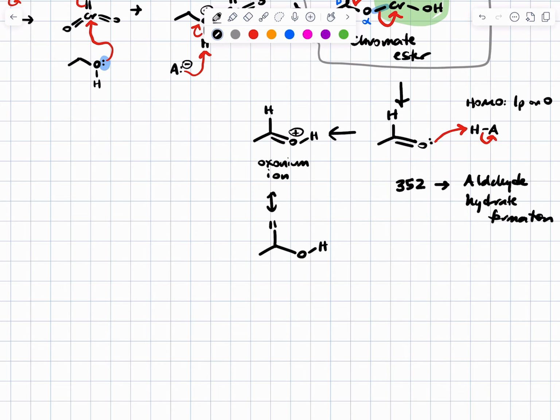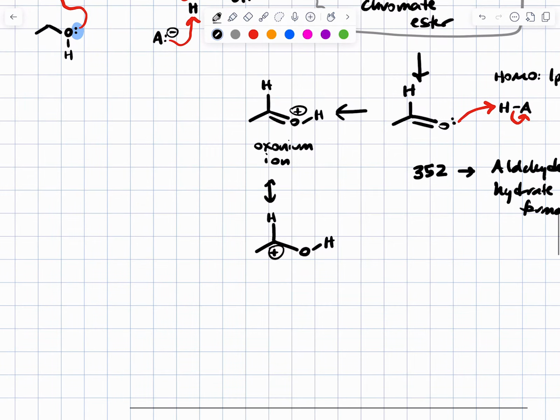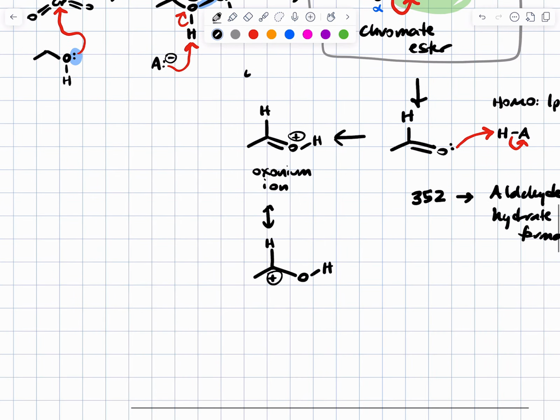So when you protonate an aldehyde or any carbonyl, when you protonate the oxygen of a carbonyl, it makes the carbon more electron poor. Now, if you were to look at a carbonyl compound as an electrophile, you would hopefully say that the LUMO was the carbon-oxygen pi star. And what can happen is that water will attack that pi star and the pi bond will break. You could show that step from the resonance structure I showed you below, but in the interests of keeping things simple, I won't.